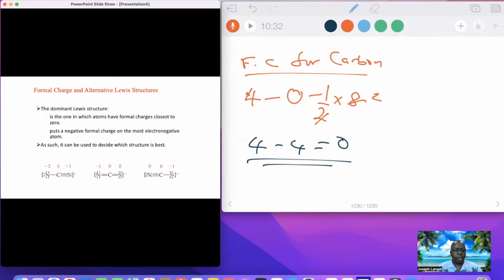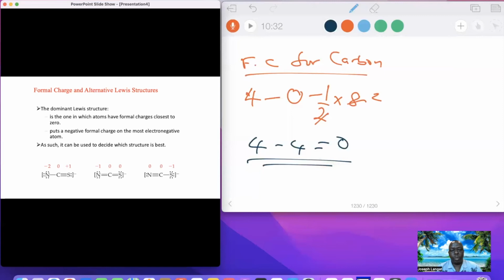Here is another example. If you look at these structures, these are structures of the same compound, but having different positions for either the double bond or the triple bond, and each element satisfies the octet rule.